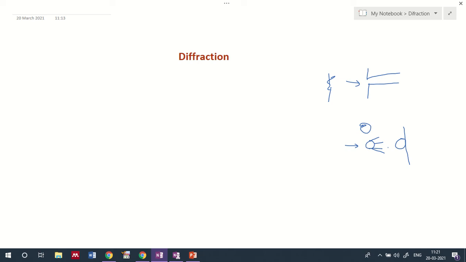That is how he explained diffraction, using wave propagation.